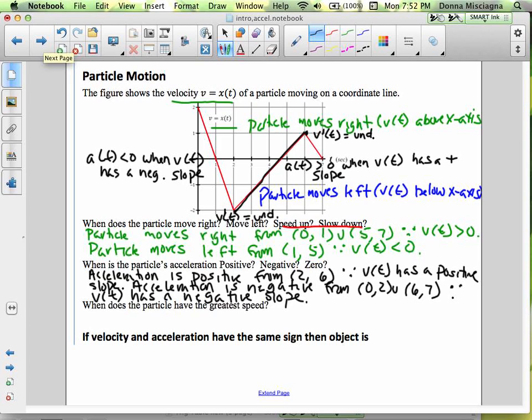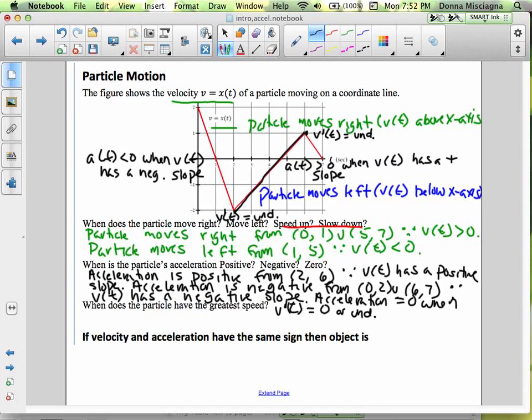All right, so acceleration equals 0 when v prime of t equals 0 or undefined.